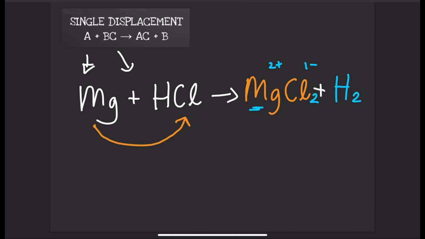Since there are 2 chlorine and 2 hydrogen atoms, that means magnesium bonded with 2 hydrochloric acid molecules. Now, this is a balanced equation.